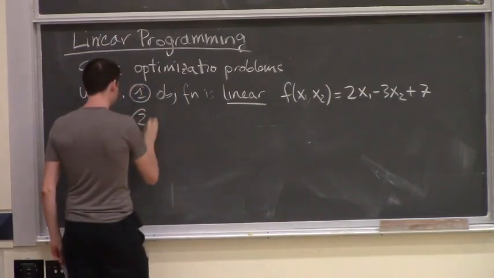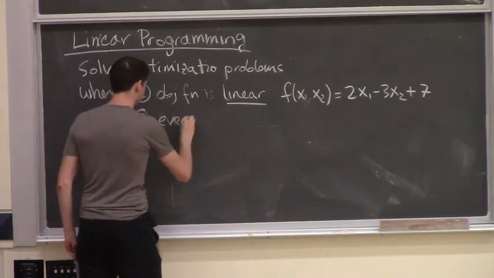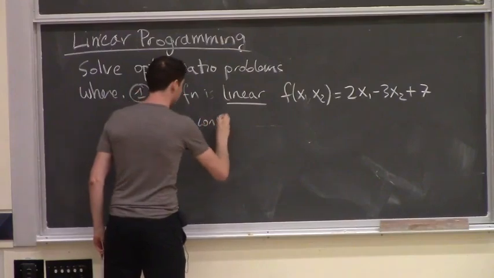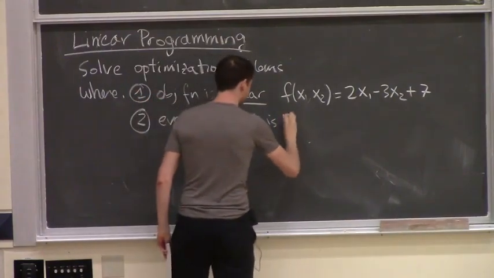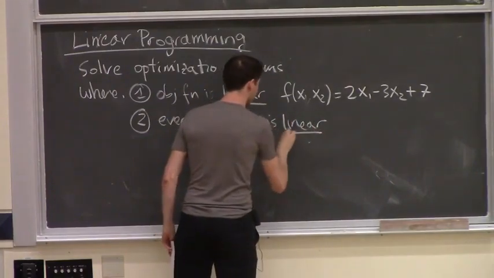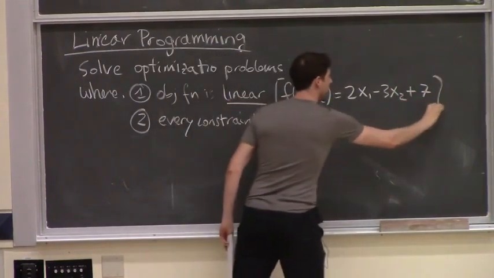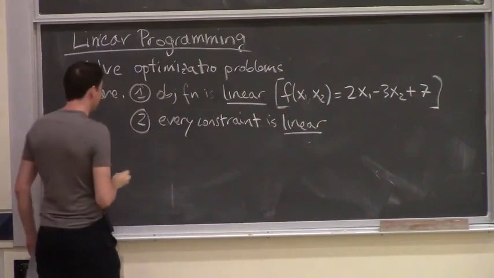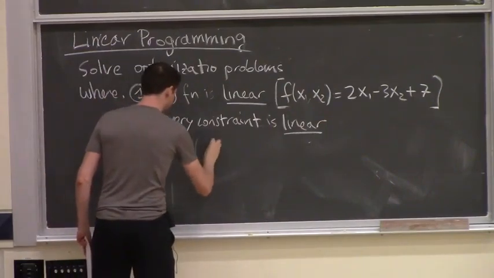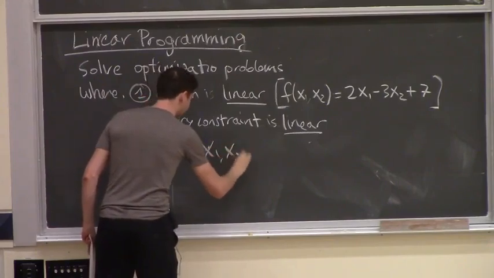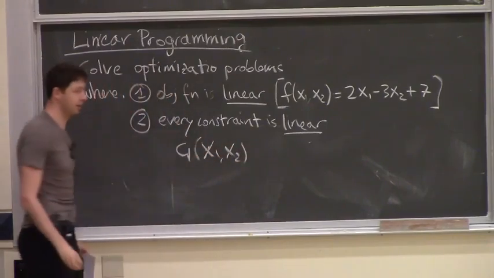And secondly, we're going to say every constraint is linear. Just an example, let's look at maybe C1 that also takes as input two variables, x1 and x2. What would be an example of a linear constraint?